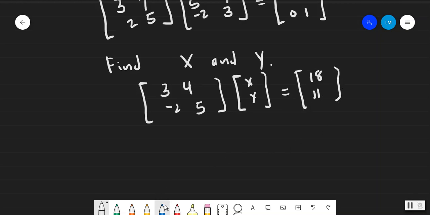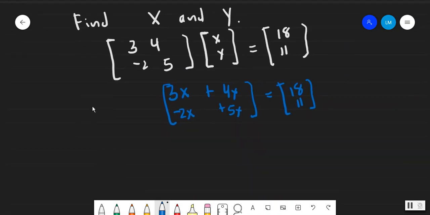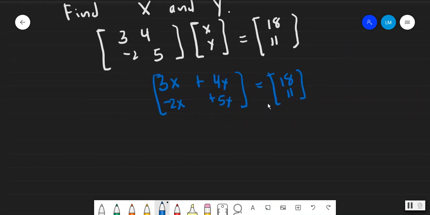Well, note that when you multiply this through, you get 3x plus 4y, and then you get -2x plus 5y, and this is equal to 18 and 11. Now, matrix equality states that the entries are the same.